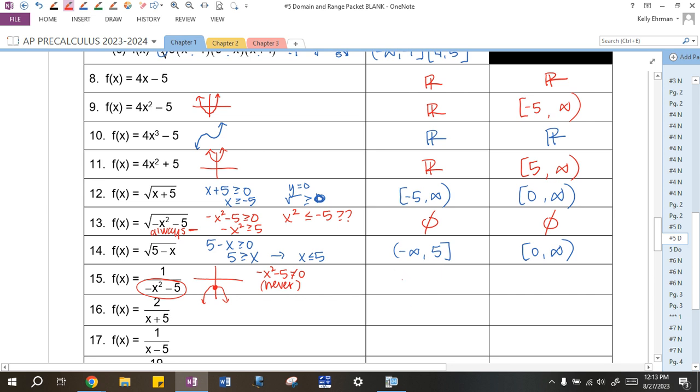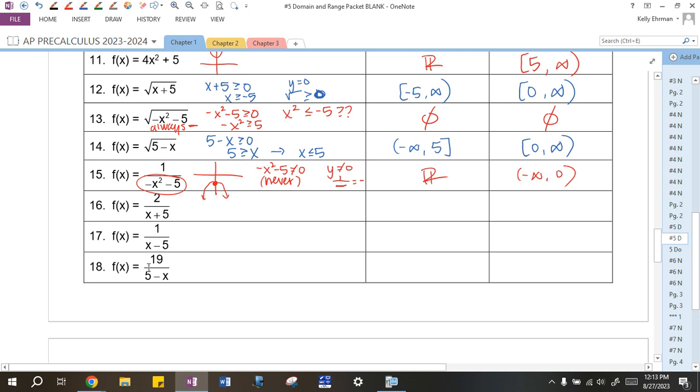So I can plug in anything. Use all real numbers. I can plug in anything for x, and I'll get 1 over something negative. And speaking of that, for the range, 1's on top, so y can't equal 0. I will always get 1 over something negative, which will always divide out to a negative. So negative infinity to 0, without including 0, is the range.